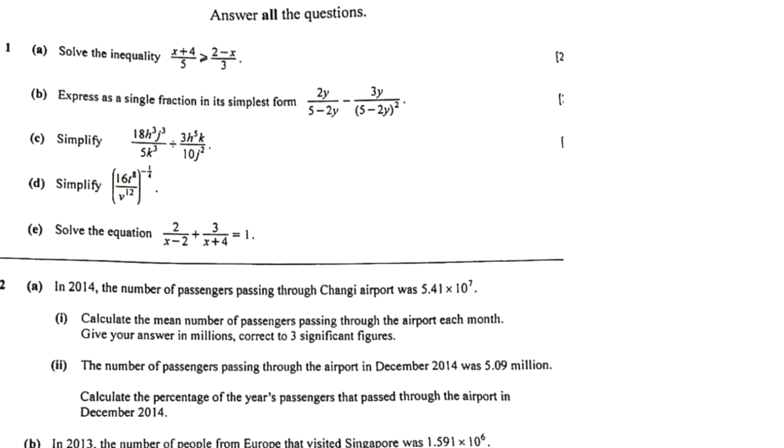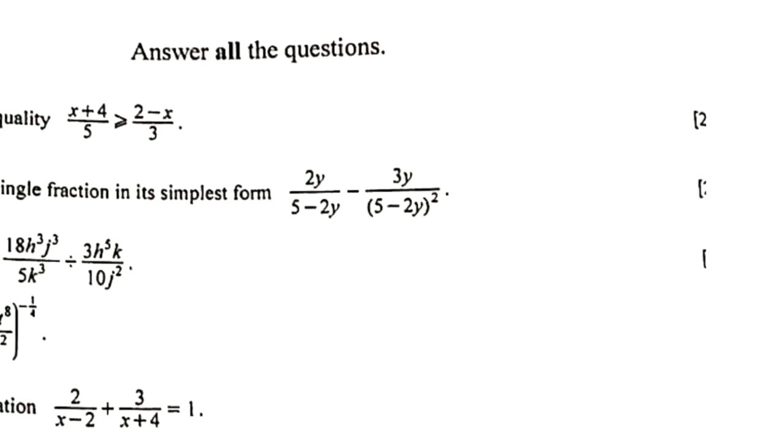Okay, so let's execute. So cross multiply. So you just cross multiply 3x plus 4 more than or equal to 5 take away x. So it's really easy to earn these 2 marks.